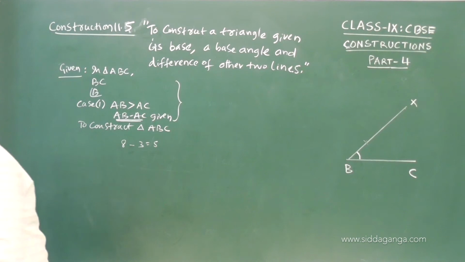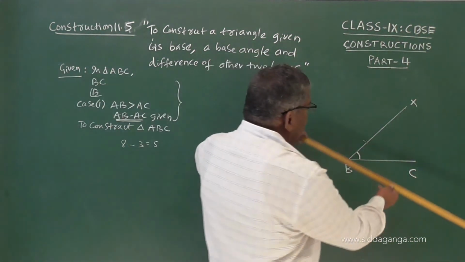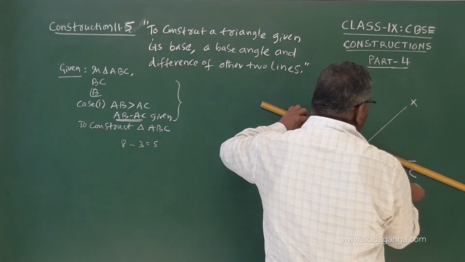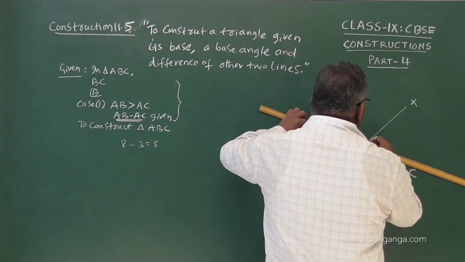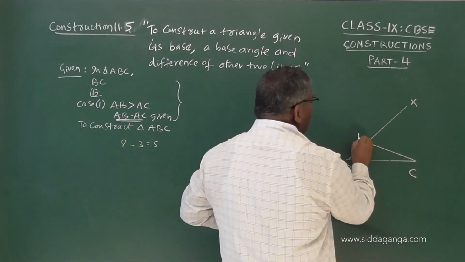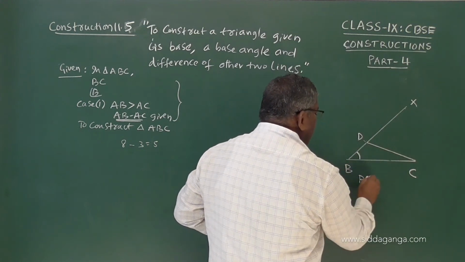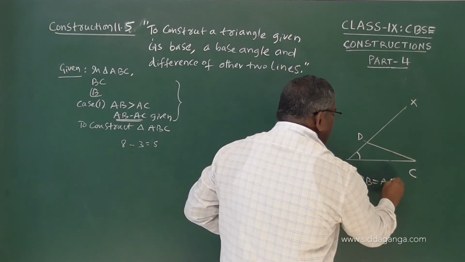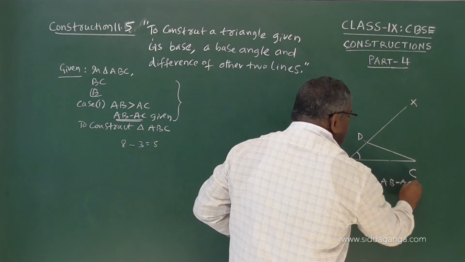Okay, join this DC. This is point D. BD is equal to AB minus AC.